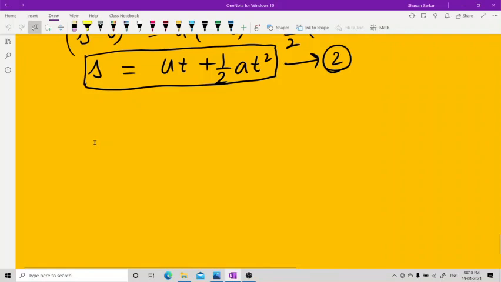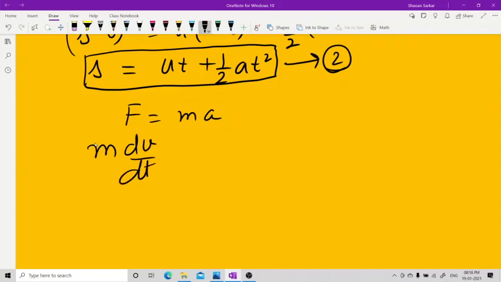Now we will do the third equation of motion. We know acceleration has three formulas.